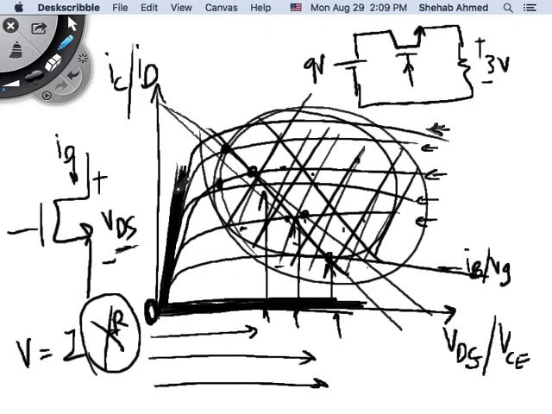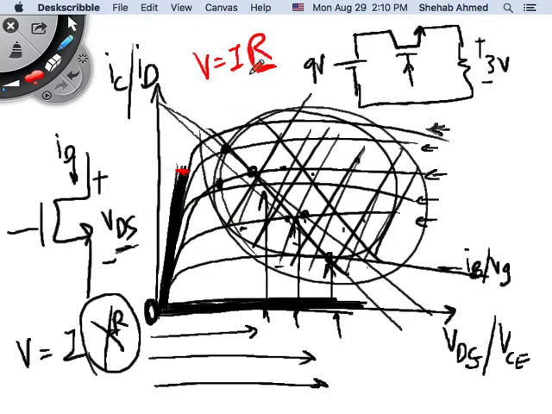How about in saturation or triode for the MOSFET? What's happening here? There is a linear relationship between the voltage and current. That's nice, because this linear relationship means I can just have one number that doesn't change, which I can call R. In 325, we called it R on, or RDS on. It was the slope of this line.